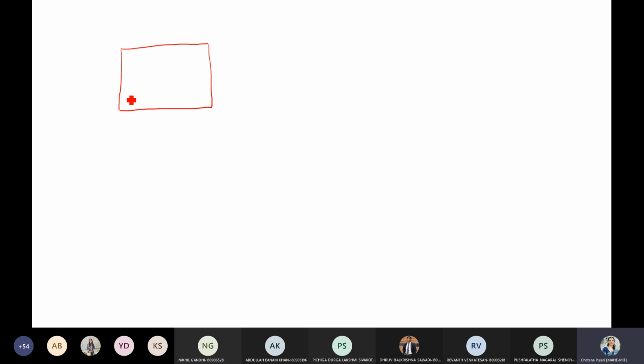So this is our screen, and this is our X pixel 0, 1, 2, 3 and 4, and this is for Y. So we have taken a 4x4 screen. So let's say this is our line.